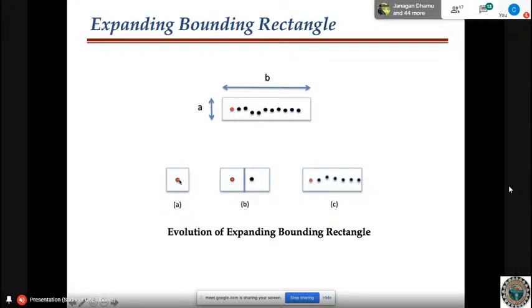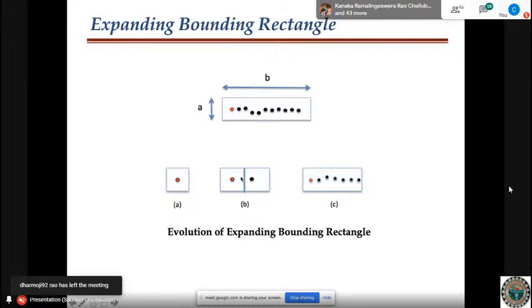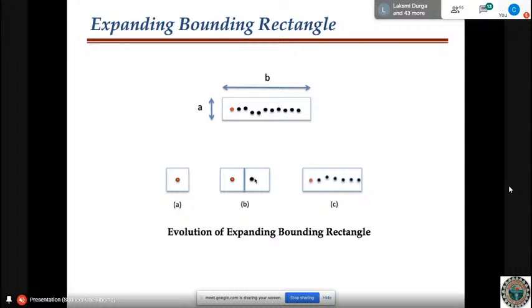Suppose I am standing here, I take this one and move to the next point, which will be B. I expand the rectangle and put it in one bound. The bounding rectangle is nothing but a grouping. How am I grouping? It is based on a fixed A length and an expanding B length.